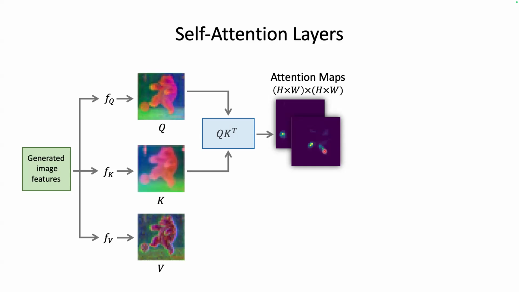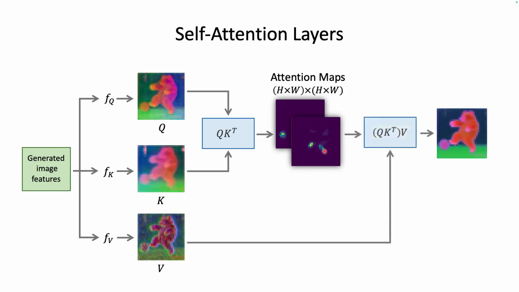After we have these attention maps, we multiply them with the values. In the output feature map of the attention layer, each feature in each pixel is a weighted sum of the values, where the weights are determined by the attention map corresponding to this specific location.